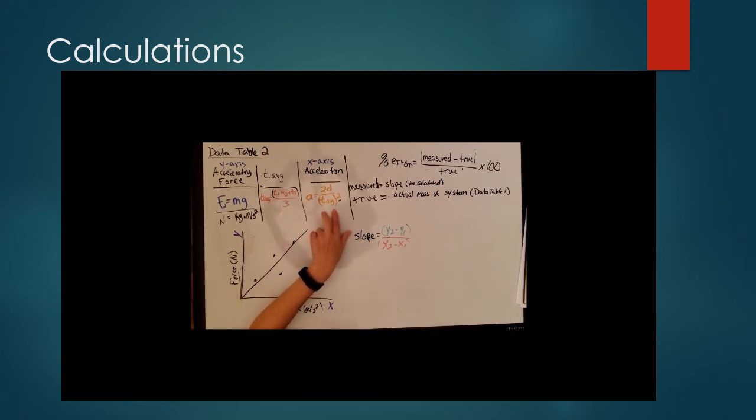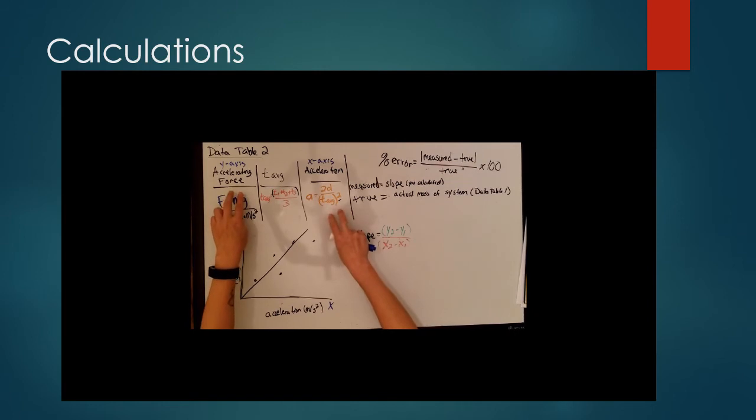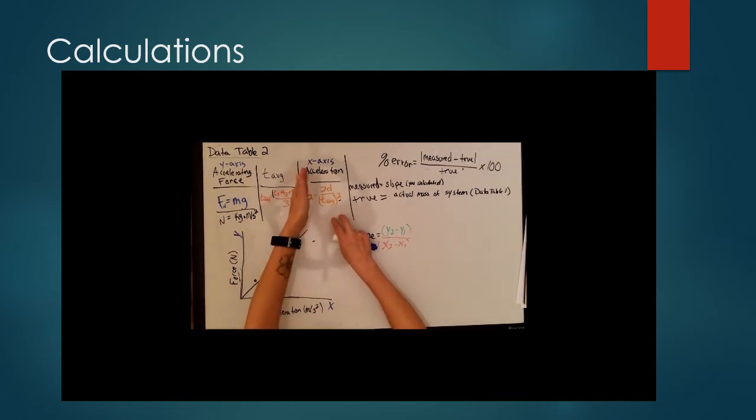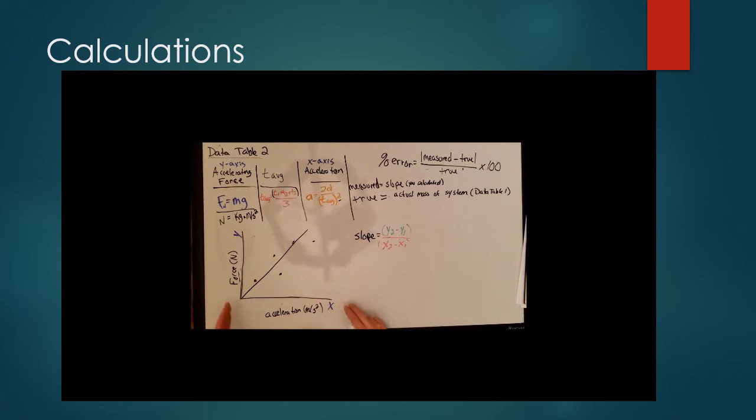So for each of the acceleration calculations for all 5 trials, you'll take 2 times the distance divided by your average time squared. Don't forget the squared portion. The graph has been provided, you don't have to graph it, but I took these accelerating force values as my y-axis values, and the acceleration values as my x-axis values.